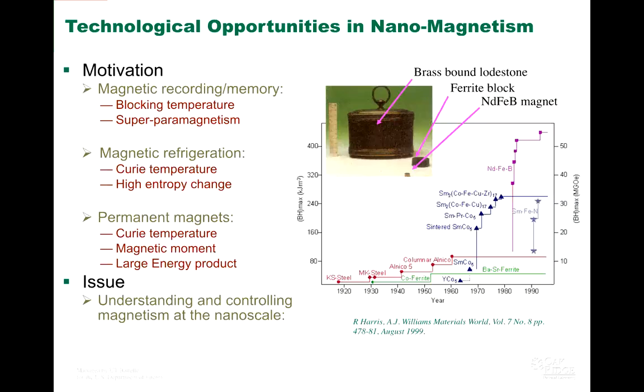And to show the advance that has been made in magnetic materials, on the right side of this screen, I show the strength of magnetic materials on this graph as it evolved in the last pretty much 100 years, and the discovery of new materials like these rare earth-based samarium cobalt and neodymium-iron-boron magnets.